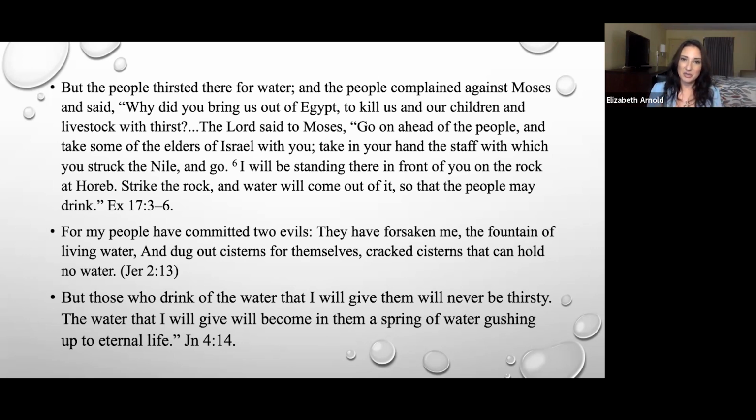And so again, we see the promise of God's presence and this promise of water, this promise of sustenance, of life, of what will allow them to fully flourish and to be sustained throughout whatever hardships. Because like so many of you have pointed out, many of these are wilderness stories, desert stories.